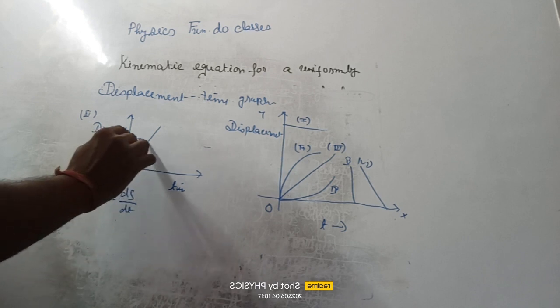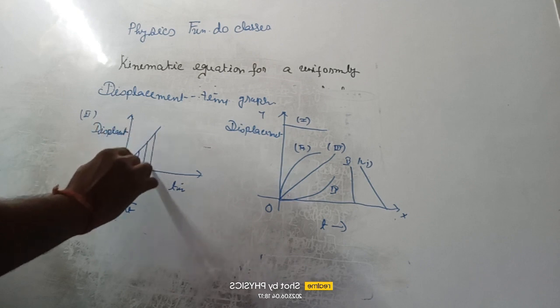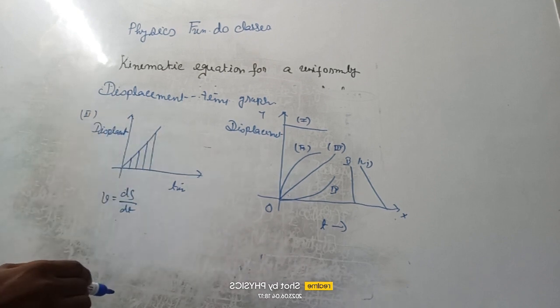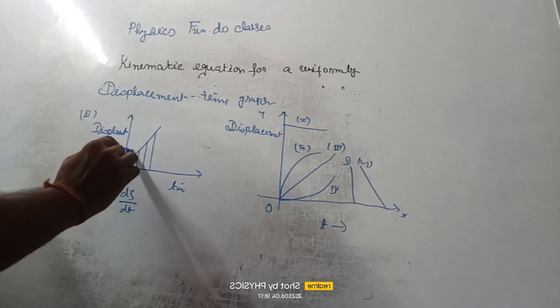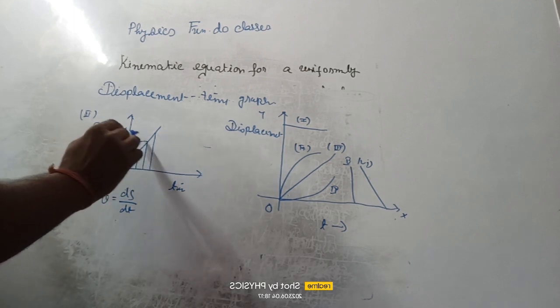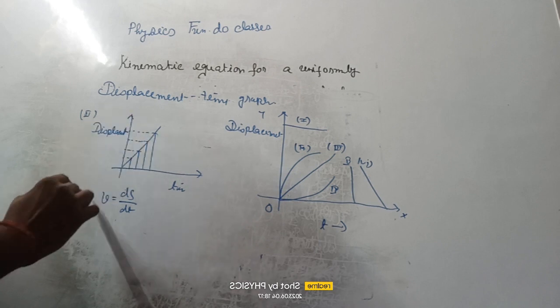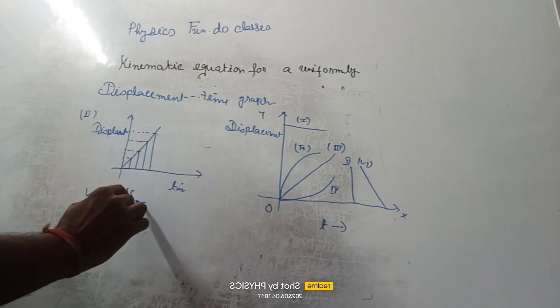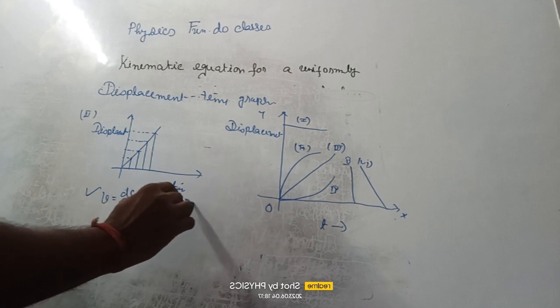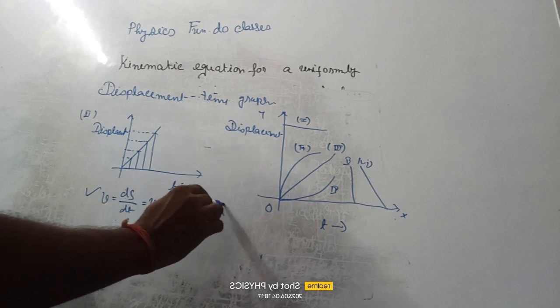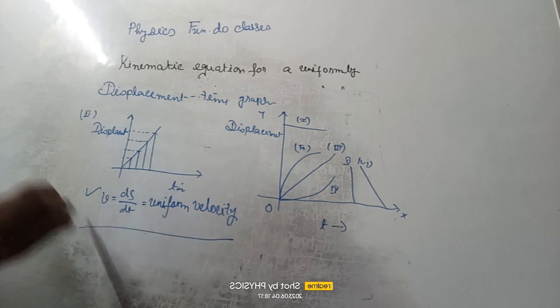If we divide it into equal time intervals, it will cover equal displacements. So v equals ds by dt is the uniform velocity. This is the uniform velocity of the particle.